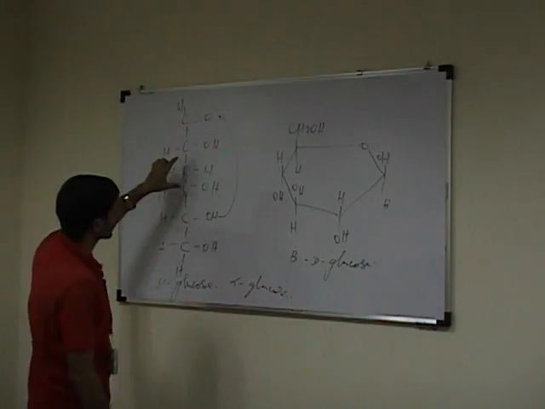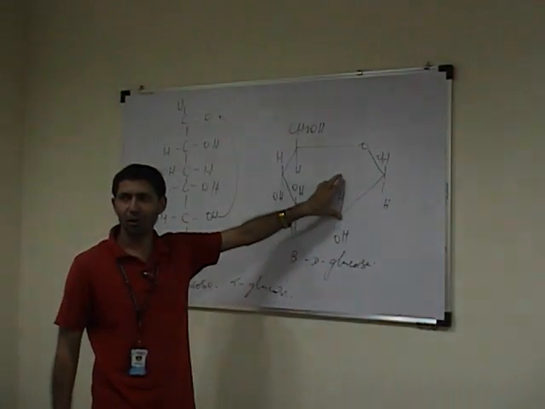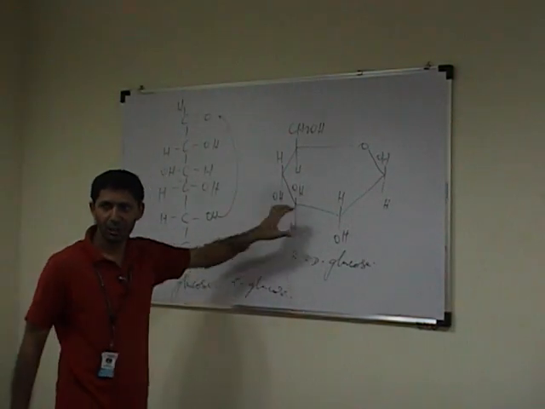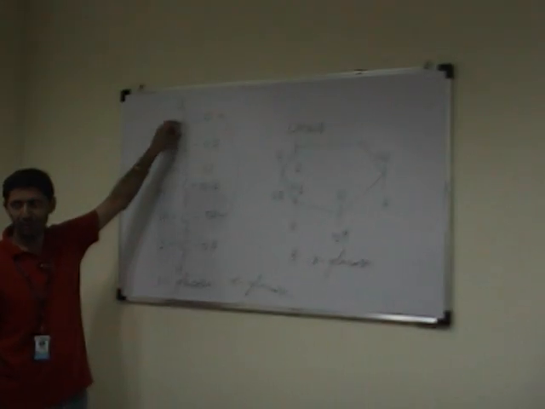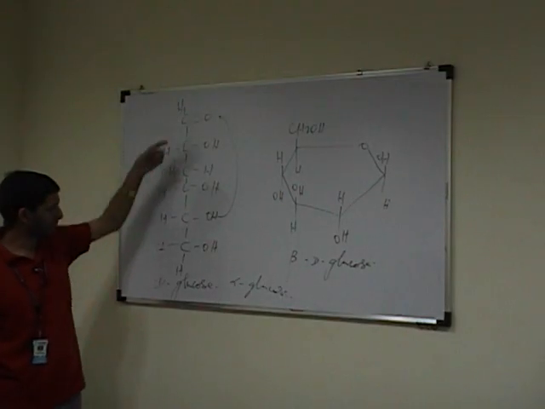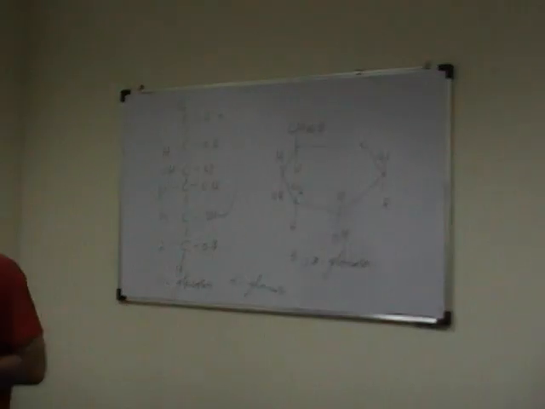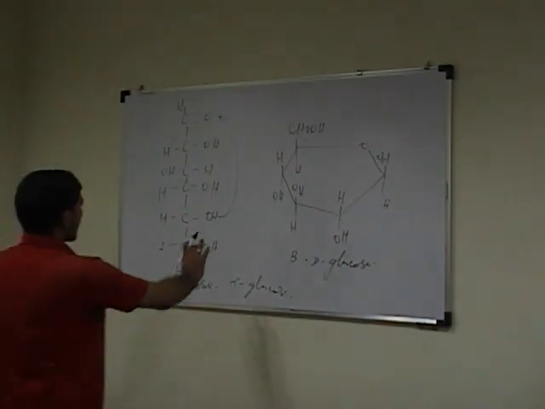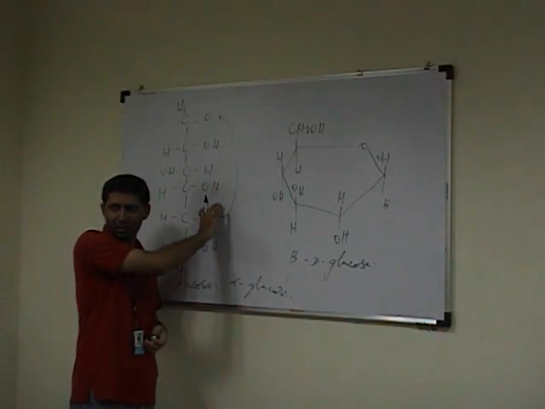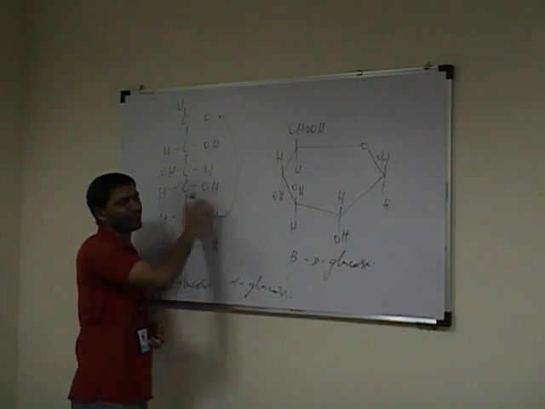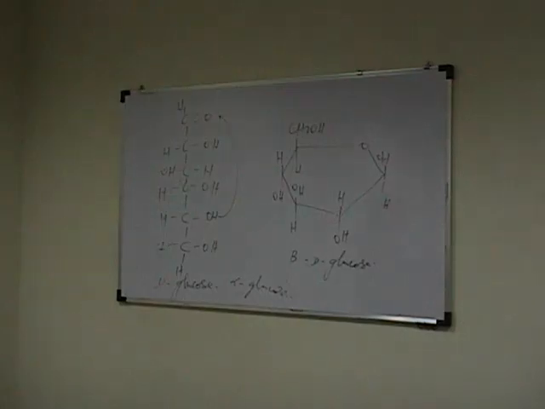When the open chain is converted into ring form, the aldehyde functional group is present at the first position and the OH of the fifth position takes part in the reaction. The aldehyde and alcohol react and there is formation of hemiacetal.